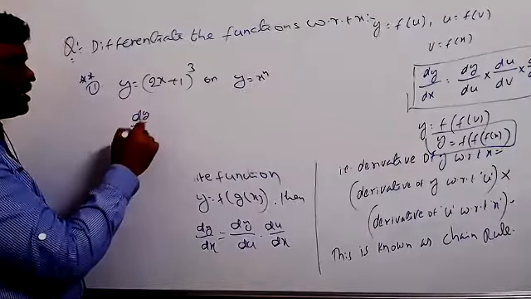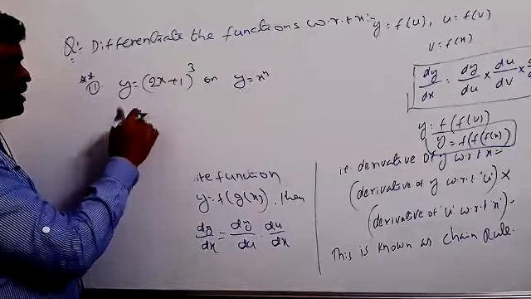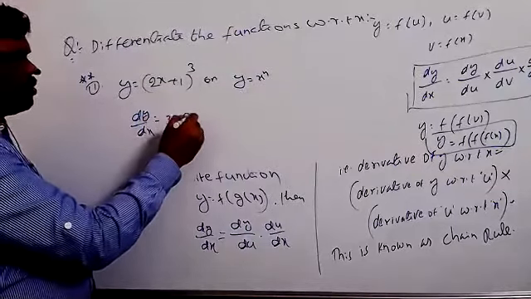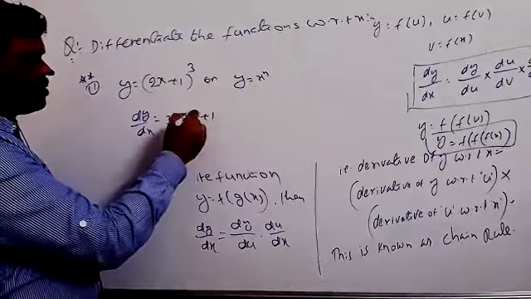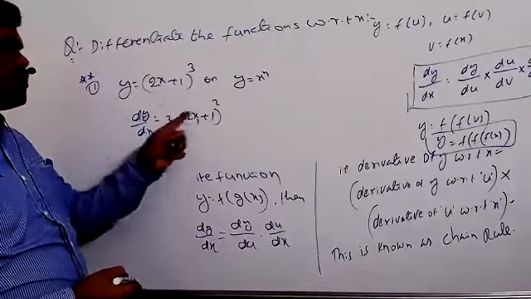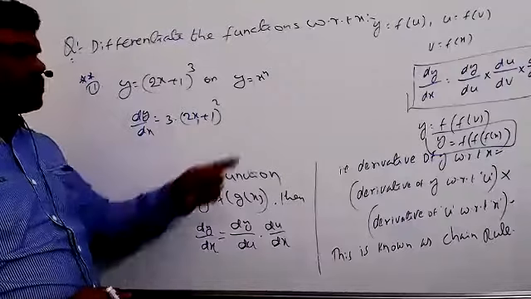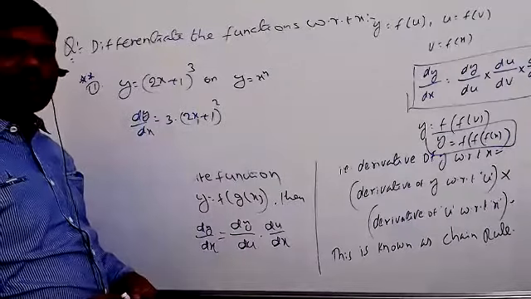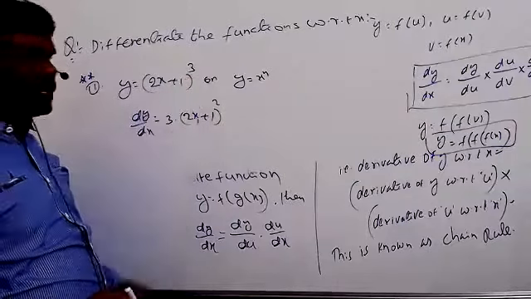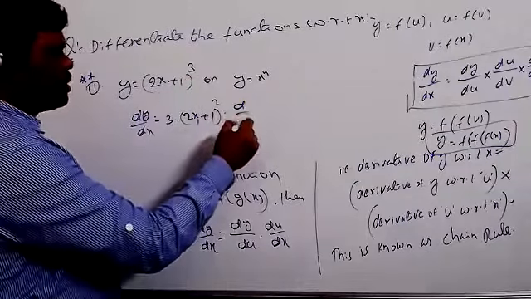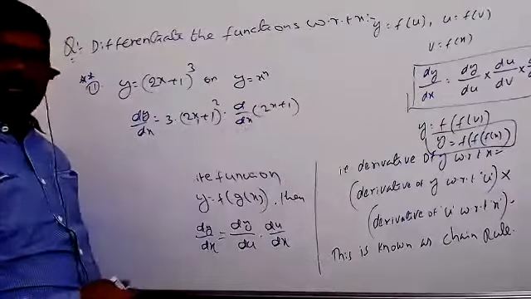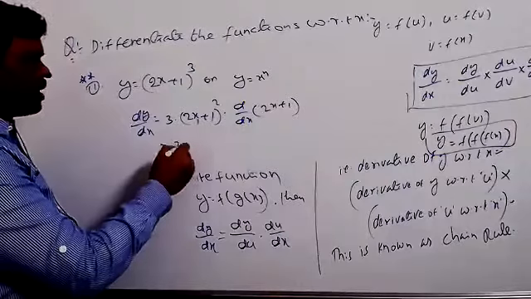So dy by dx equals 3 into 2x plus 1 whole square, because 3 minus 1 equals 2, into d by dx of again 2x plus 1. So simplify this value.